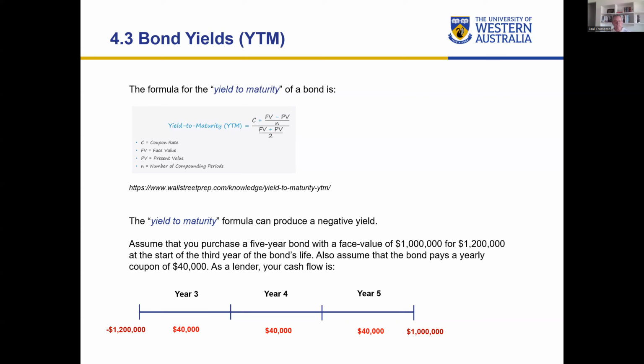Okay, so as I said, the yield to maturity on purchasing this bond at the start of year 3 and then holding it to maturity at its redemption date at the end of year 5, the yield might be minus 1.5% or minus 0.7%, something like that. Okay, so even though the simple current yield would be 40,000 divided by 1.2 million, that would be a positive yield. The yield to maturity would be negative in this case.